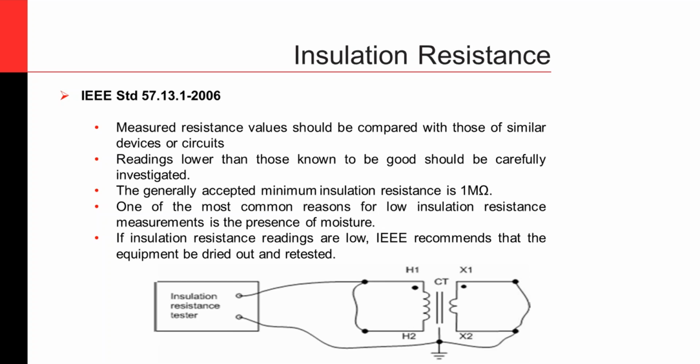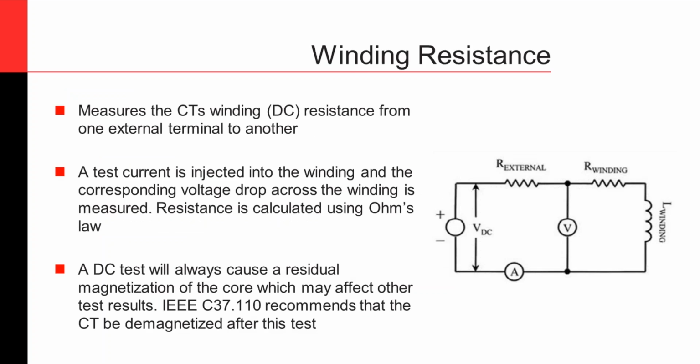One of the most common reasons why the insulation resistance could be low is the presence of moisture, and as IEEE recommends, when you're doing the insulation resistance test on a CT and you're receiving a lower value, probably one of the common reasons is the presence of moisture. So you have to dry out the CT and then redo the test on the CT for insulation resistance. So first thing you might do is dry the CTs out and then do the test again.